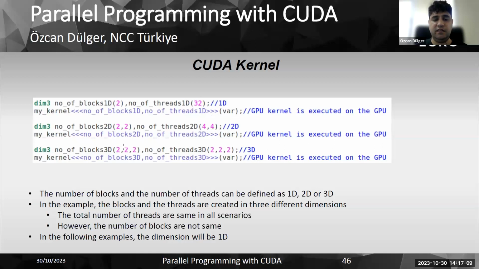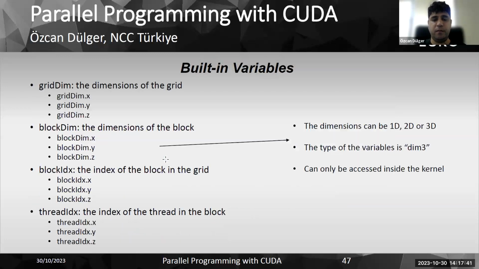And in the 3D version, we create 8 blocks, and each block has 8 threads. In total, all of them have 64 threads, but the difference is the number of blocks. The total number of threads is equal. In the following examples, I will use the 1D dimension.